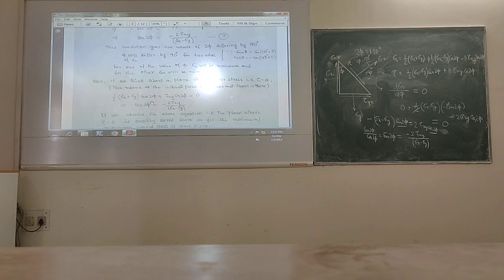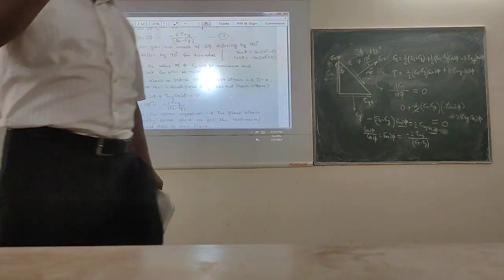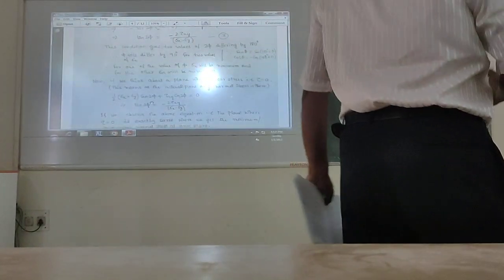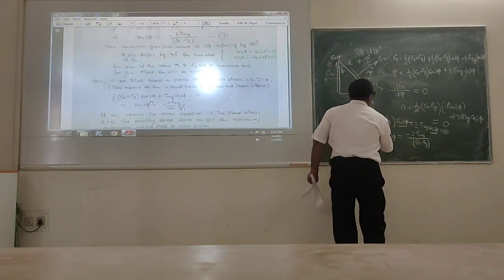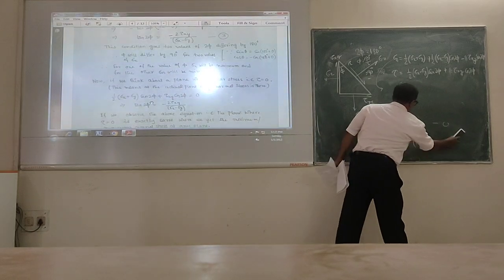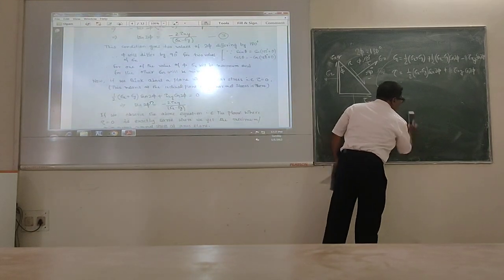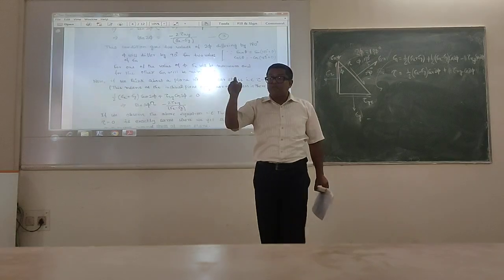Just assume, and then you will be able to establish a relation. What is the relation? Let's see. If I assume that shear stress becomes 0 at some plane, then you see a very beautiful condition coming out.